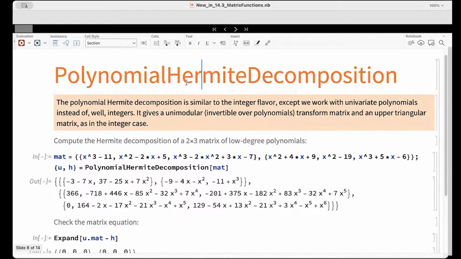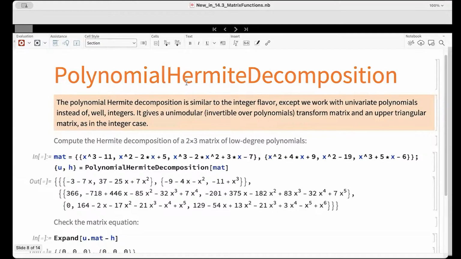You're doing Gaussian elimination, more or less, except you cannot take fractions. If you remember your linear algebra, you divide by pivots to make pivots equal to 1. We can't do that kind of division here. What we use instead are polynomial greatest common divisors, just as with the integer case, we use integer greatest common divisors.